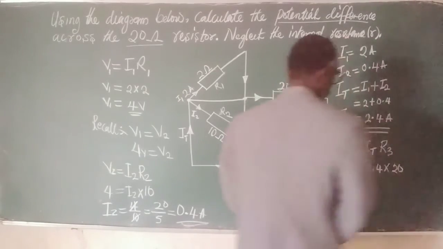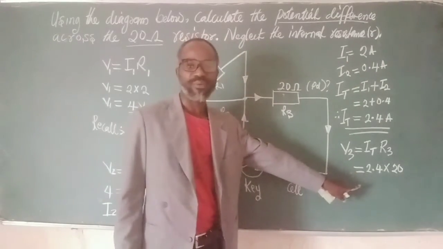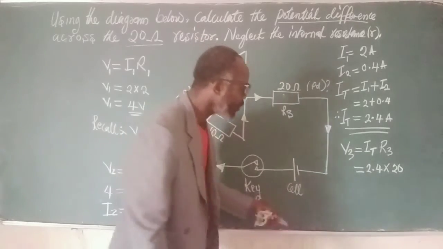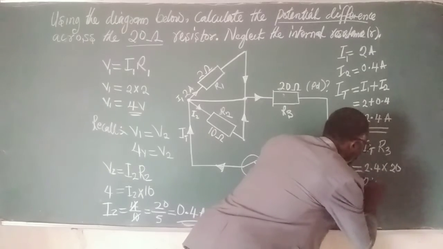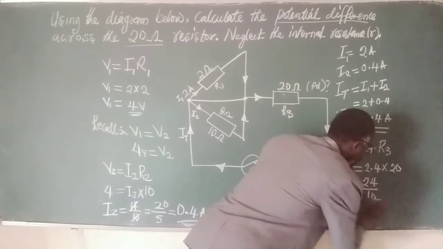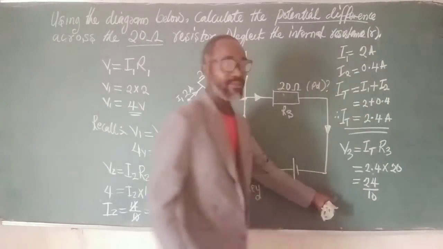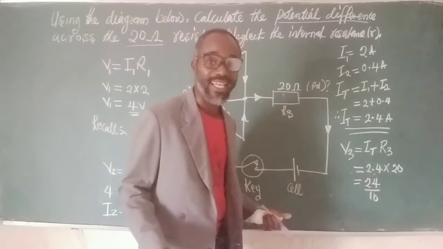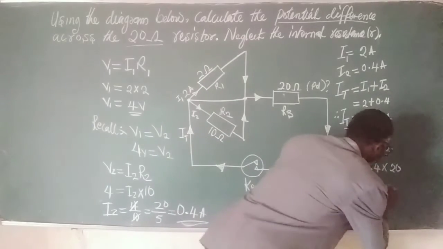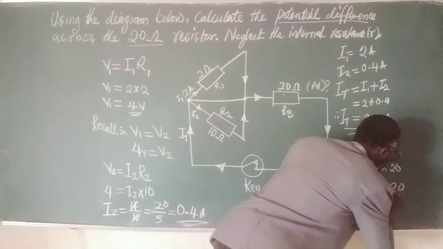Let's look at this very well. Very simple. So we simplify again. Here we can now say 24 over 10. I am reverting it to fraction to enable me clear out without using a calculator. And that means we continue with 20 all over 1.